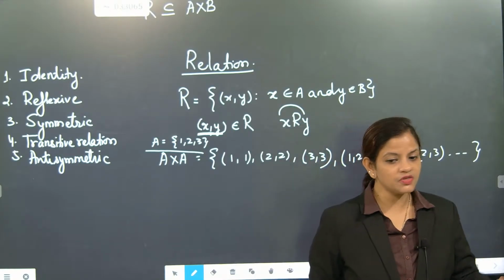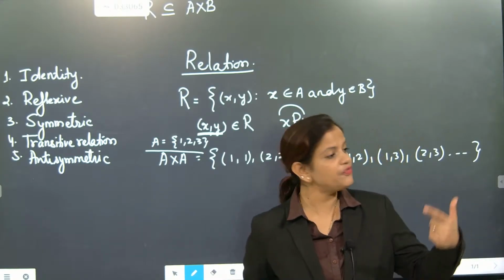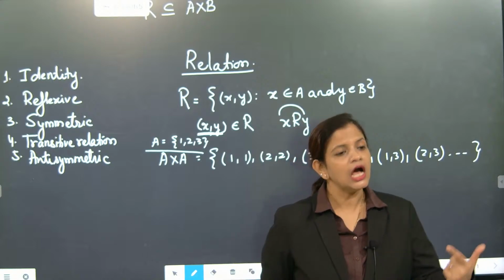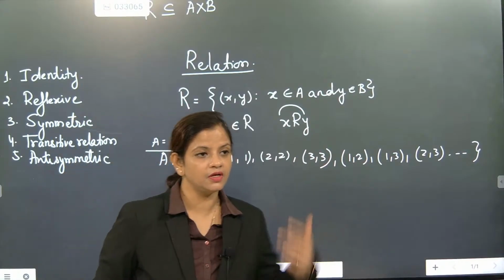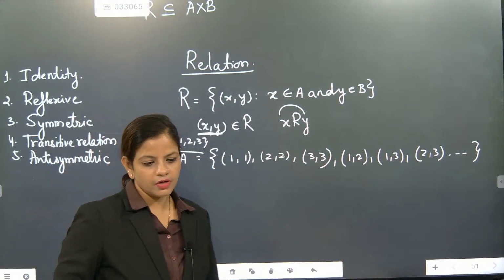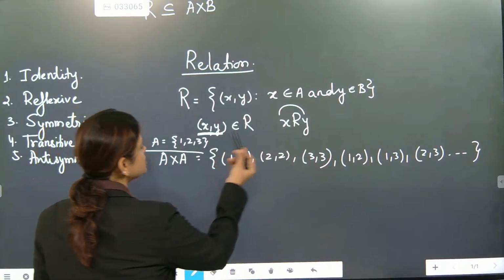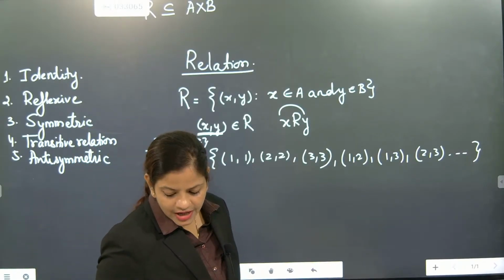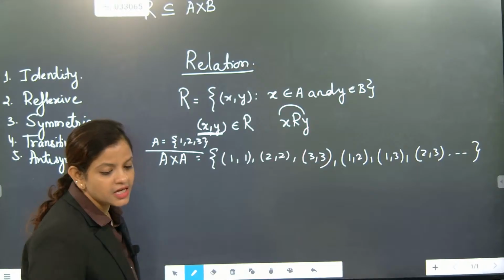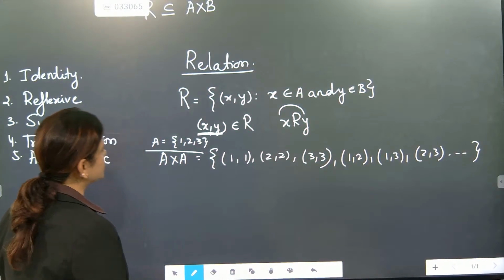Be very attentive. Very good. How many Cartesian products are possible? 9. I had written less, but 9 Cartesian products are possible here.